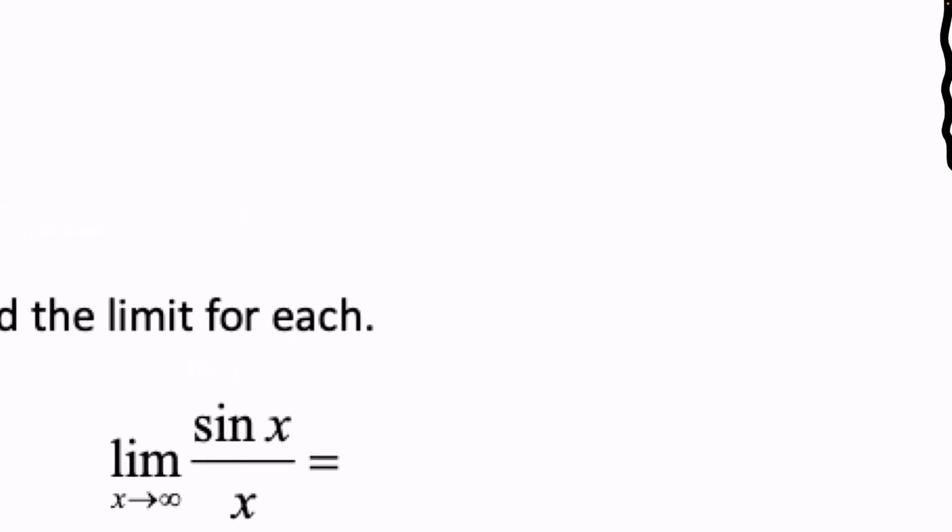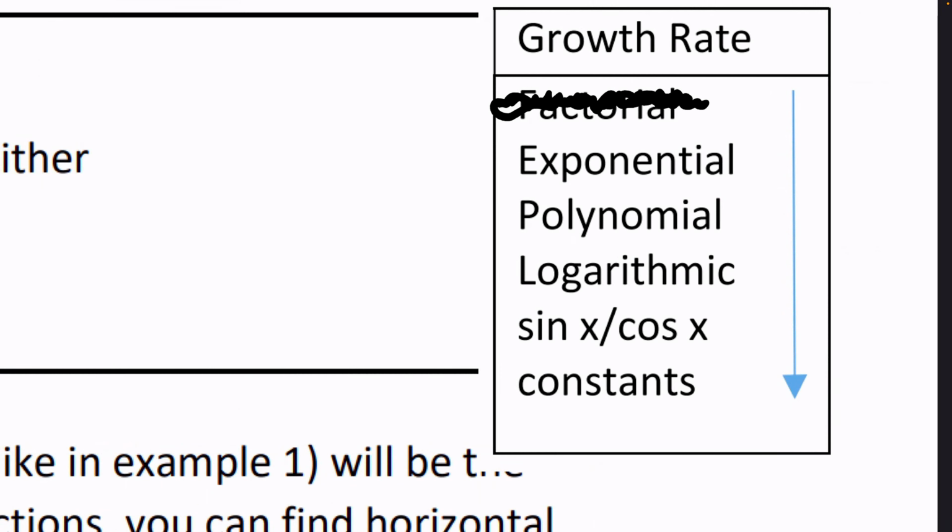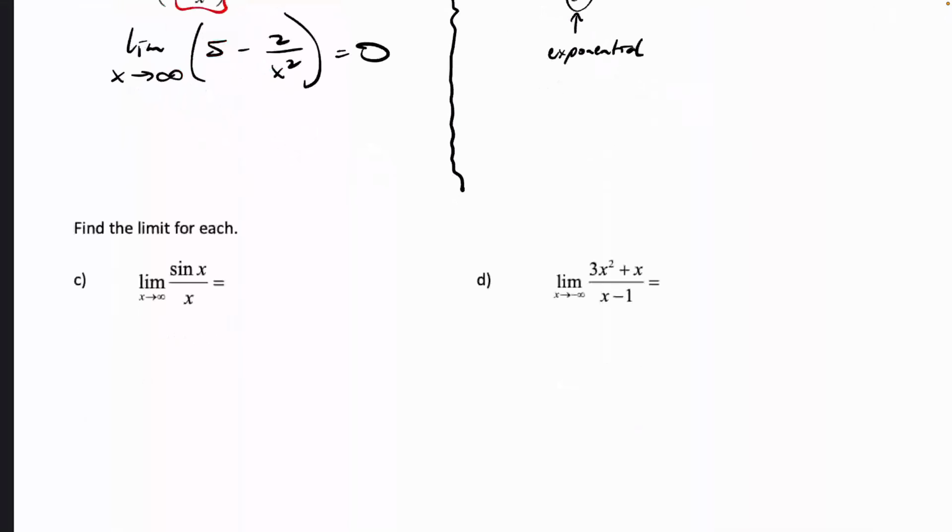It's a polynomial, right? So now I'm going to ask you again, which one grows the fastest, the top or the bottom? The bottom's a polynomial. What's the top? So the top, anything up here grows faster than anything down here. So the bottom would grow faster. So it's bottom heavy.